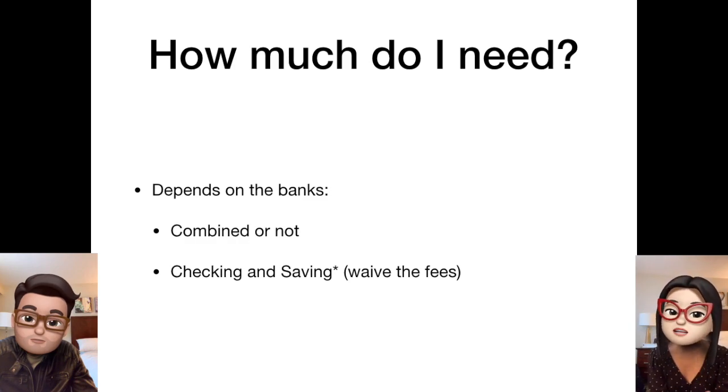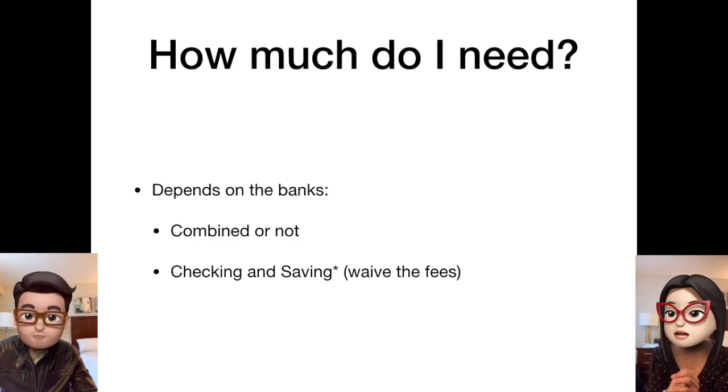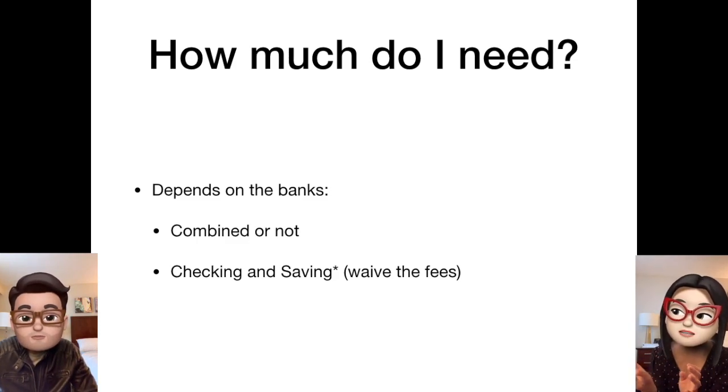For us, the best alternative was just to deposit the minimum, no brainer. You don't need to keep an eye on it. It was the easiest way. And Citibank was really good because you can have a combined balance, so whatever you have in the checking plus whatever you have in the savings add up to 1,500. That was cool. But for Wells Fargo, we needed to prepare 1,800, so 1,500 in checking and then 300 in savings.